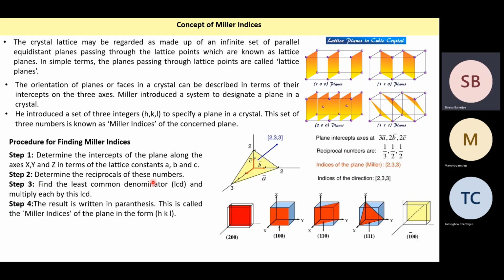Step 3 is to find the least common denominator and multiply each of the numbers by it. The least common denominator of 3 and 2 is 6. So if you multiply 1/3 by 6, you will get 2, and if you multiply 1/2 by 6, you will get 3. In the final step, the result is written in round brackets: (2 3 3). This is called the Miller indices of this plane.